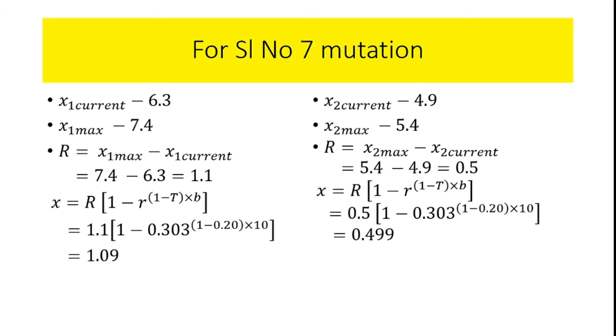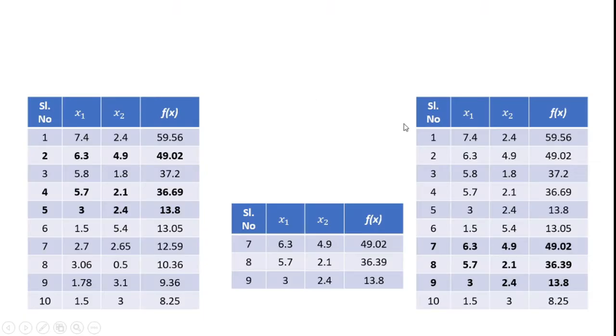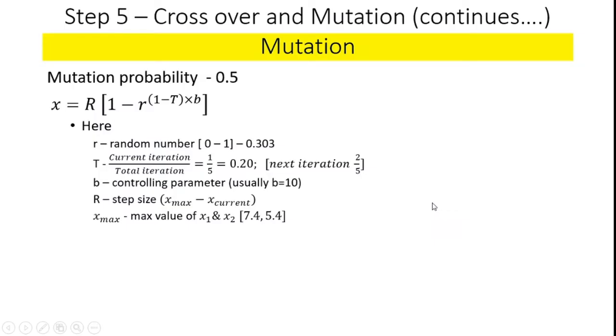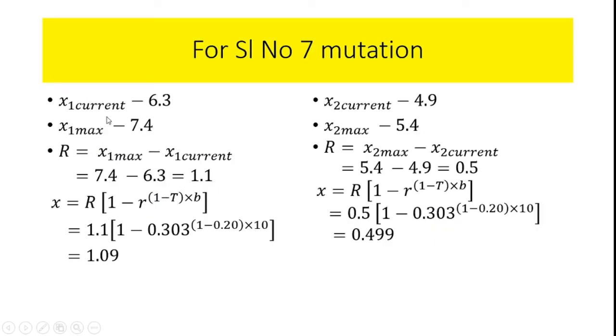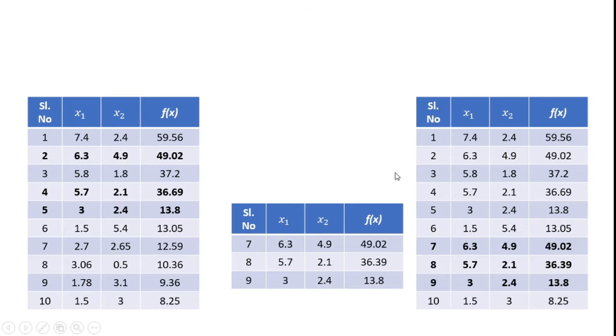Let's see the next step, mutation for serial number 7. For the current point of serial number 7, x1 is 6.3 and x2 is 4.9. How do we mutate? Consider serial number 7, where x1 current is 6.3. According to the x1 table, the maximum value is 7.4.